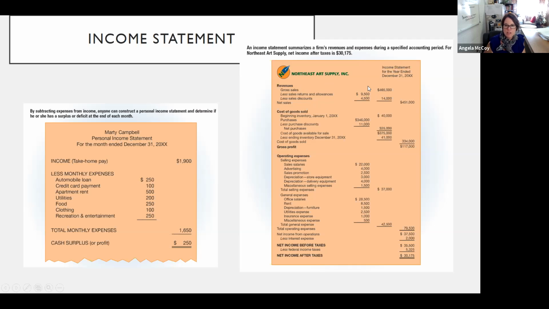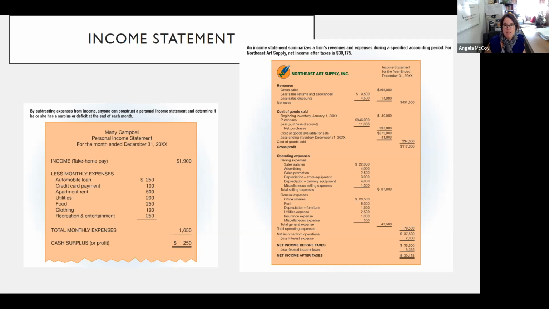So you have your gross sales, and then we're going to deduct our sales returns. These were merchandise that was actually returned to us by the customers. Our sales allowances are price reductions offered to the customers for maybe damaged or soiled merchandise. Sales discounts are price reductions offered to customers who pay their bills promptly.